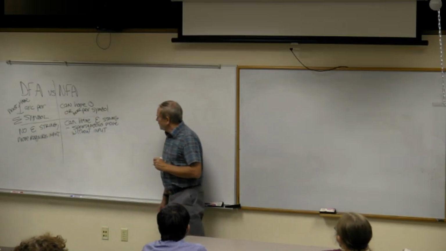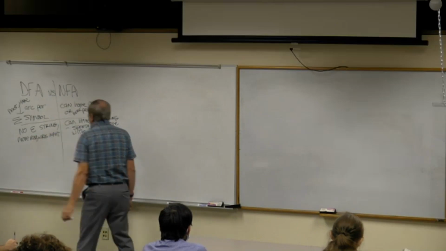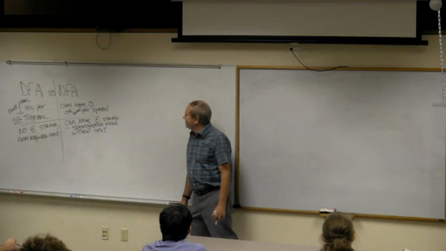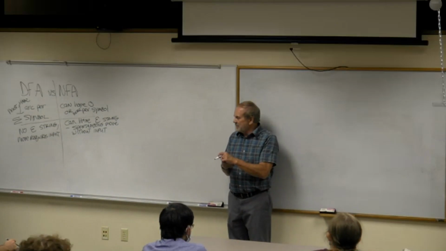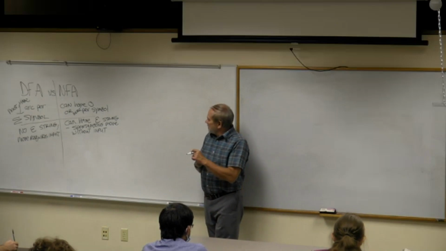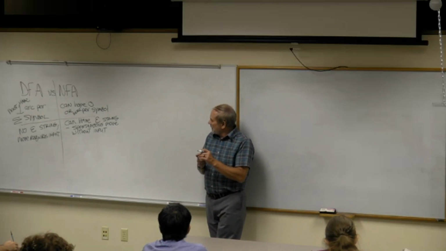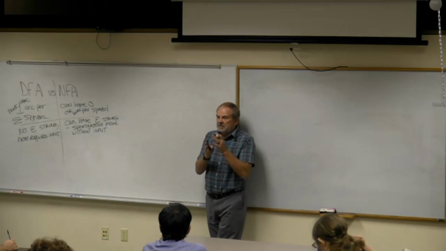So the DFA is, well, very deterministic. It's very easy. There are no choices involved as it goes along, right? It reads a character, makes a move. Reads a character, makes a move. Continues on that.